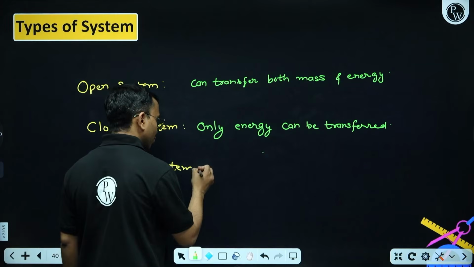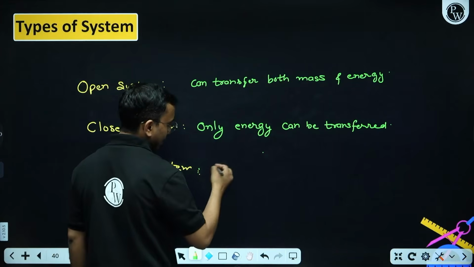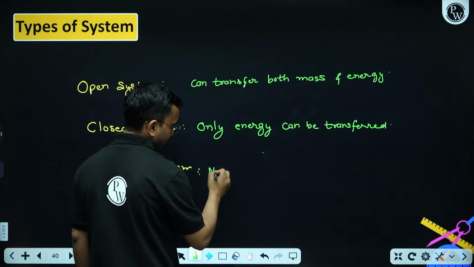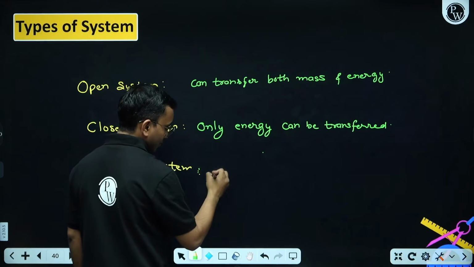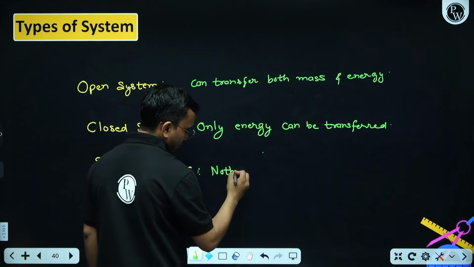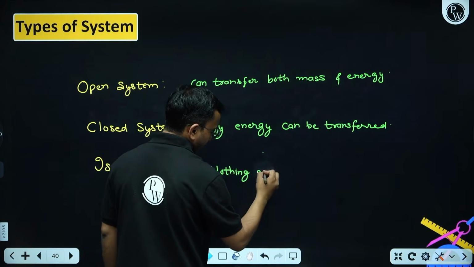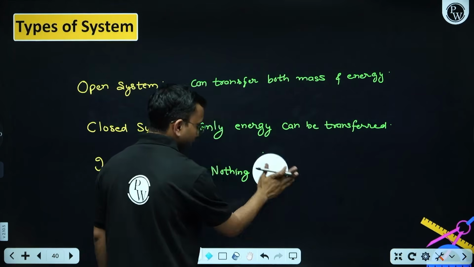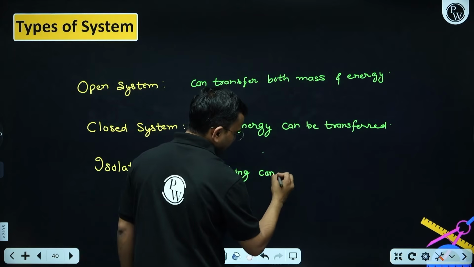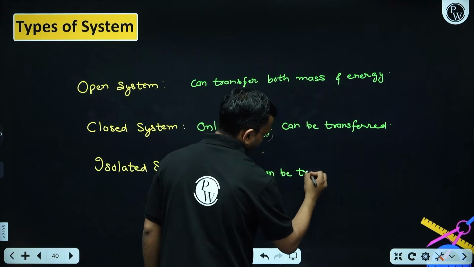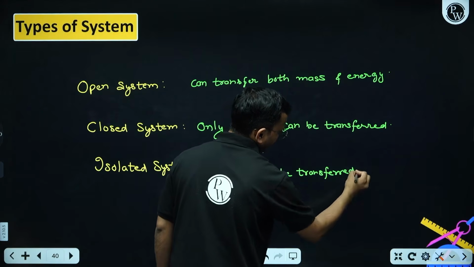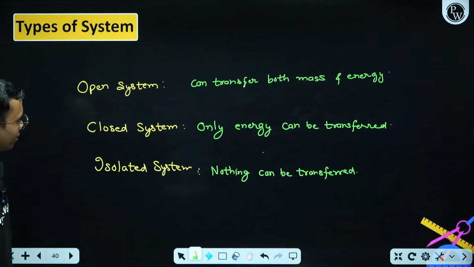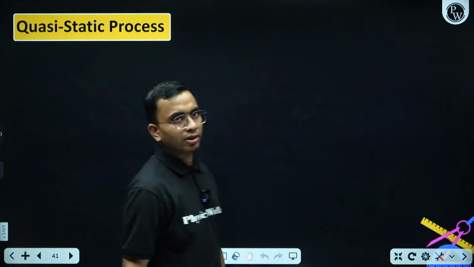So no energy, no mass, nothing can be transferred. It's completely isolated. Getting it? So basically these three types of systems we will be talking about.